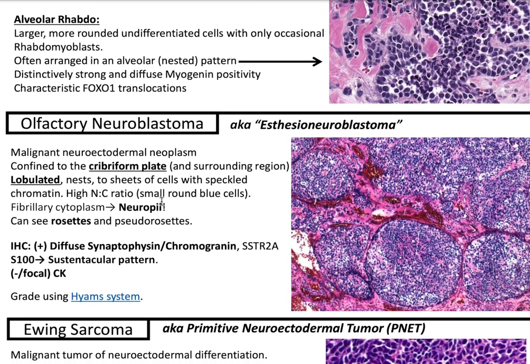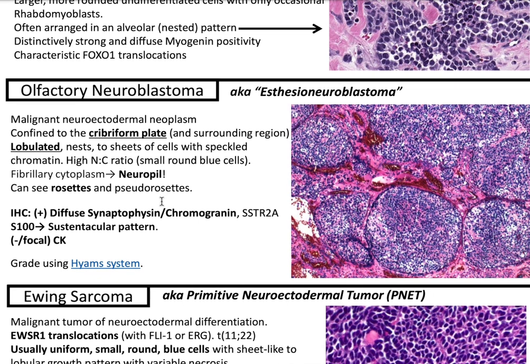Olfactory neuroblastoma, aka esthesioneuroblastoma. This is a malignant neuroectodermal neoplasm. It's confined to the cribriform plate and surrounding region. Architecturally, you'll have lobulated nests to sheets of cells with speckled chromatin. If you look closer, at higher power, there's a high NC ratio, where it looks like your small round blue cells with fibrillary cytoplasm, that is neuropil.